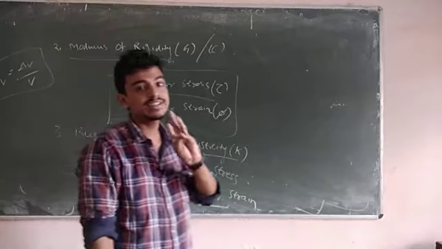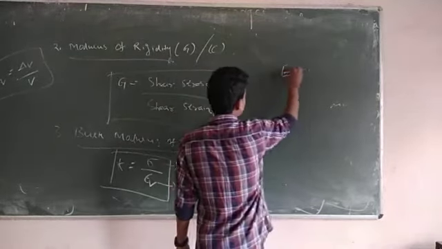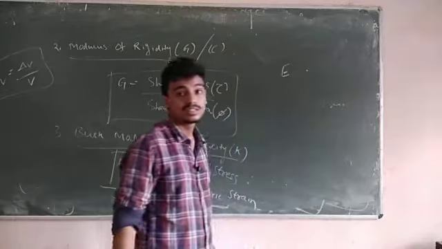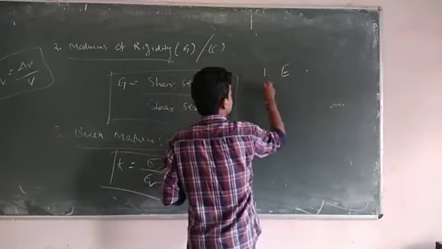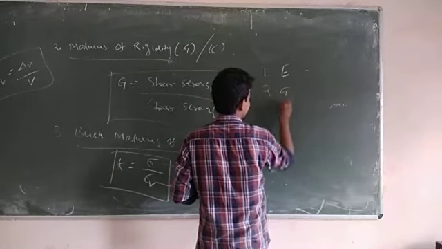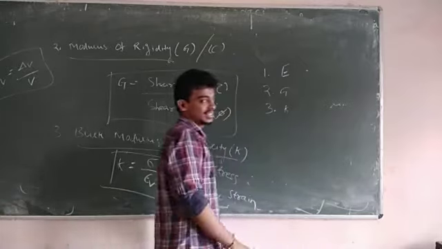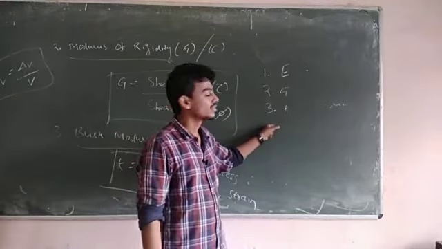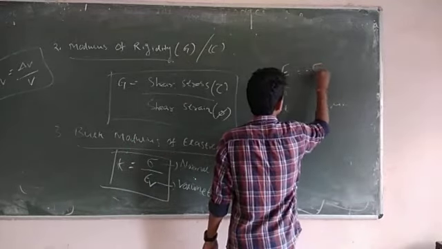So these three terms you must remember for further study: first one modulus of elasticity, second one modulus of rigidity, third one bulk modulus of elasticity. You must remember the formulas.